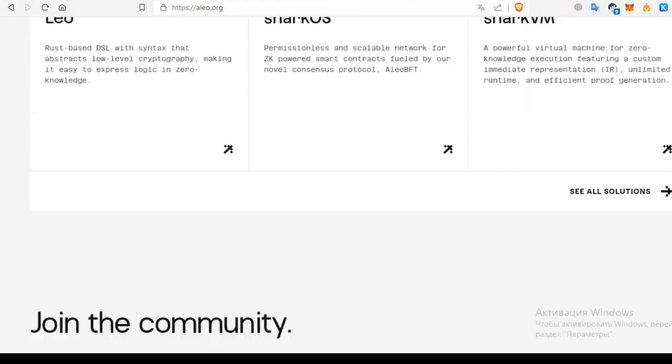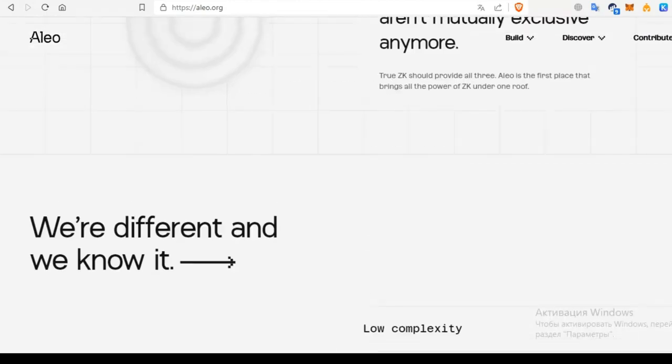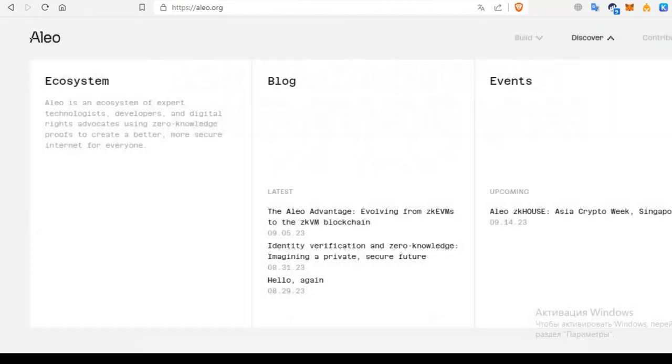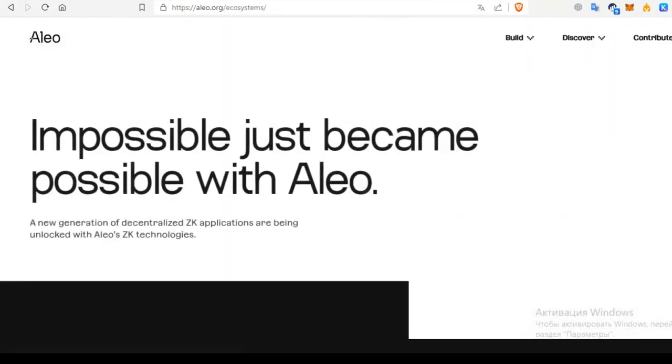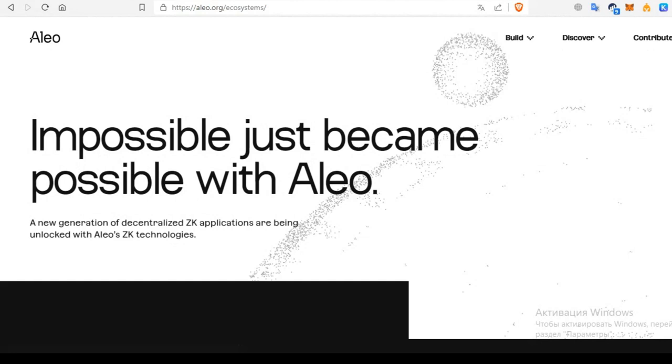What can you do with Aleo? It can be used for online shopping. When you buy something online, you can use Aleo to keep your credit card and other personal info safe and hidden. Voting, for example. You know how important voting is, but maybe you don't want everyone knowing what you think. Aleo can make sure your vote is counted but not seen.